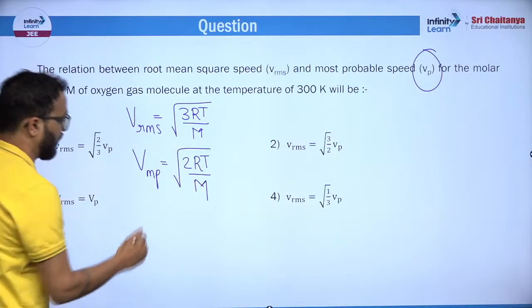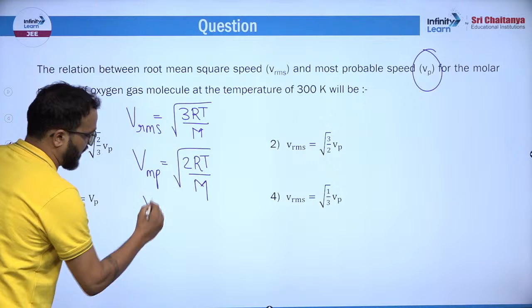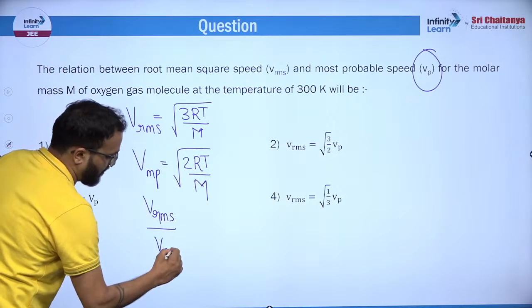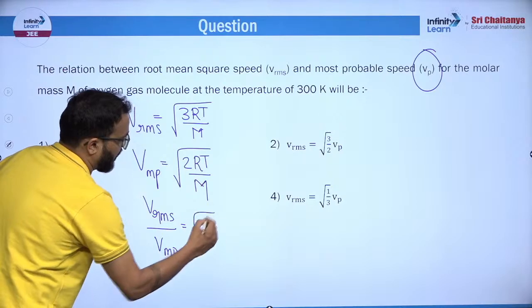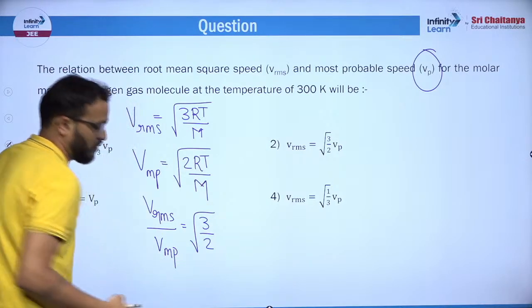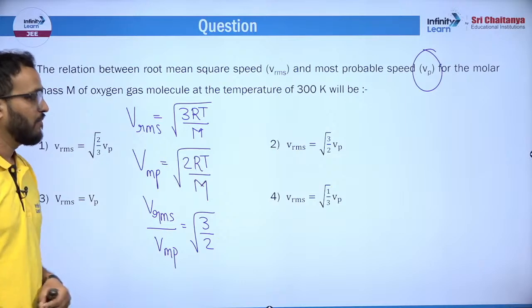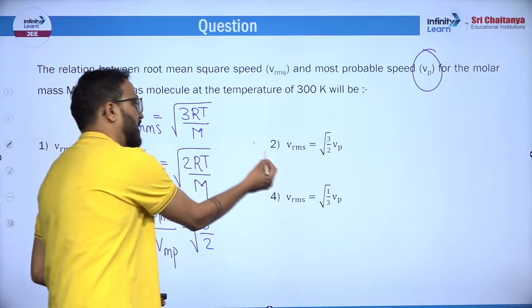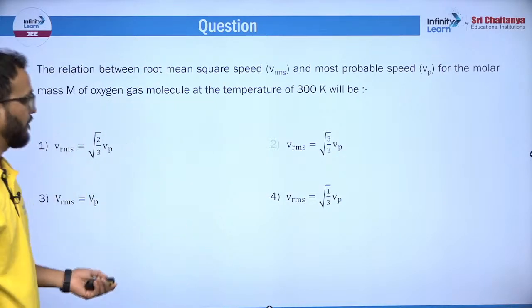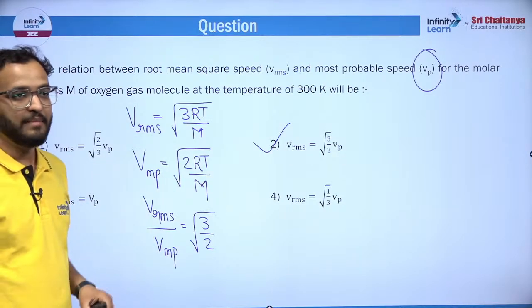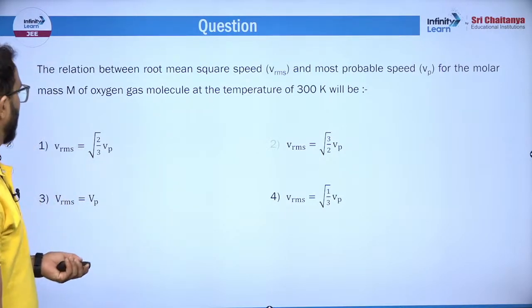If I take the ratio Vrms upon V most probable, the answer that will come out will be root over 3 by 2. So the value of Vrms is root over 3 by 2 times most probable speed. So I guess the second option will turn out to be the right one. Are you guys understanding and following this absolutely? Yes. Now let's move ahead.